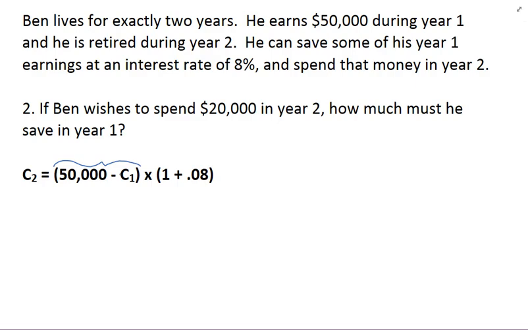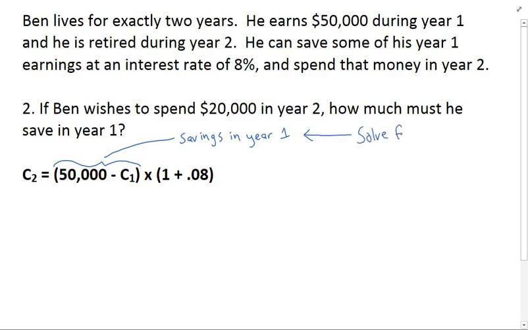So if you remember that, that is a shortcut. Savings in year 1. That's what we're looking to solve for. In fact, we can rewrite the intertemporal budget constraint if you wanted to.